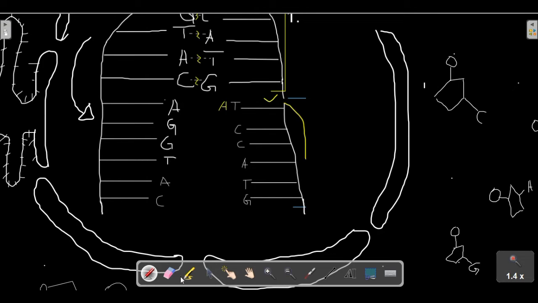And then cytosine always bonds with guanine, right? So we have a nucleotide with the guanine nitrogenous base bonding there, and then this will be guanine as well.